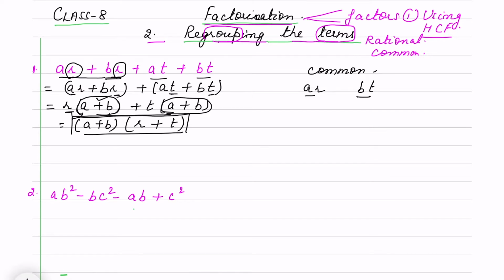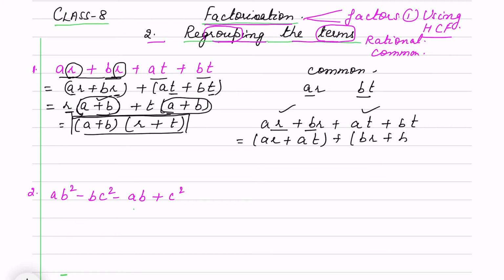It is not necessary, you can group others also. Suppose I have AR plus BR, and I don't want to take AR and BR together. I am taking AR and AT, that also I can take, because A is common, and I am taking BR plus BT. Now in AR and AT, I can take A common, R plus T will be outside.